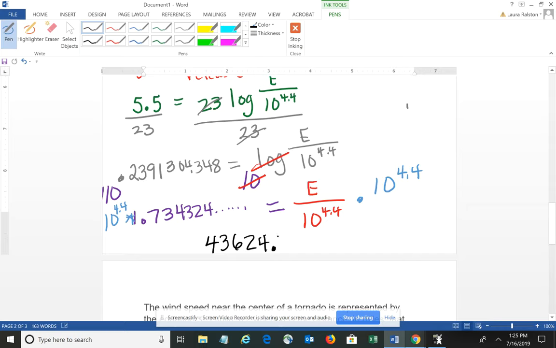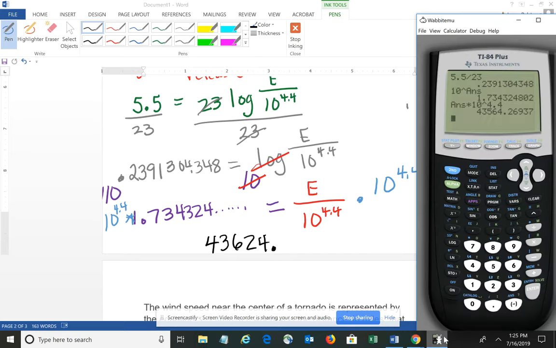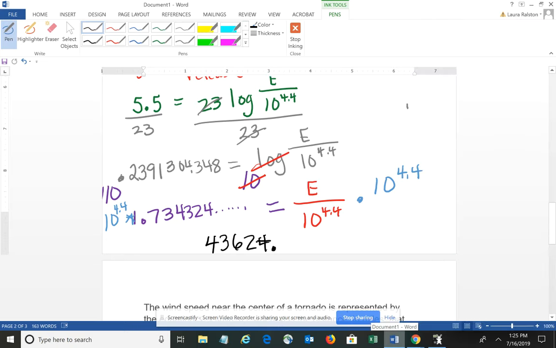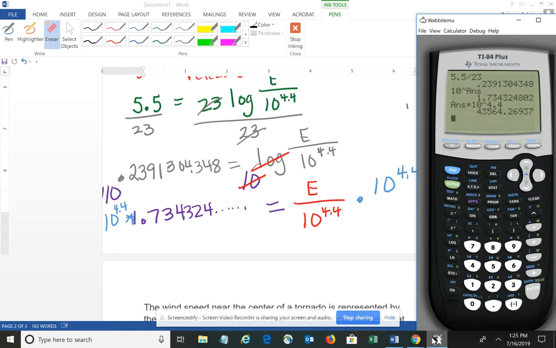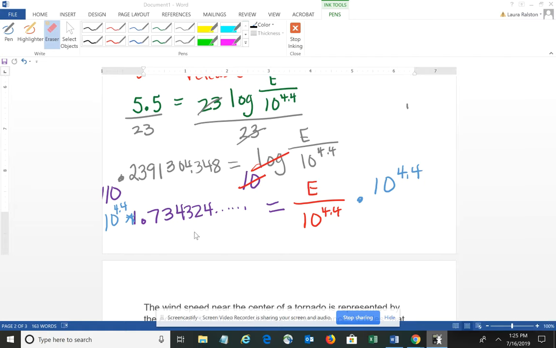All right, let me get this number written down correctly. 43564.2. Okay, so that's actually in whole number form, and I need it in scientific notation.